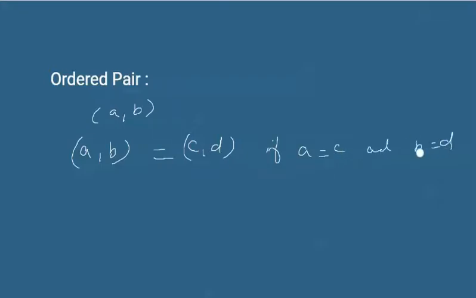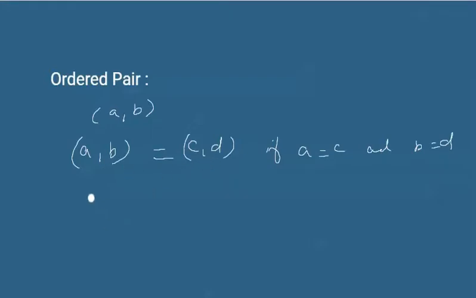It's also very important. Now, how can you say that two ordered pairs are equal? For example, one ordered pair is say AB, another one we will take as CD. So how can you say that AB and CD are equal? Say AB is equal to CD only if A is equal to C and B is equal to D. Otherwise, you cannot say that AB and CD are equal.